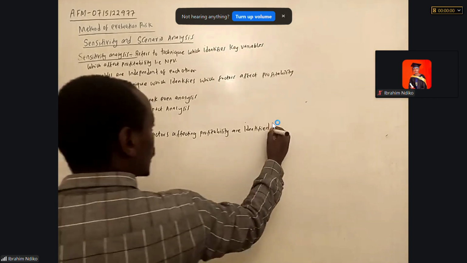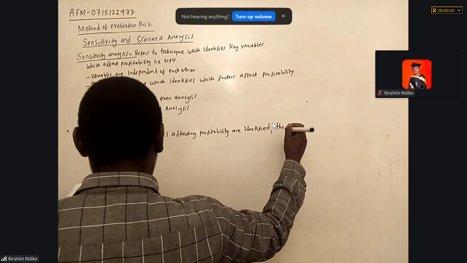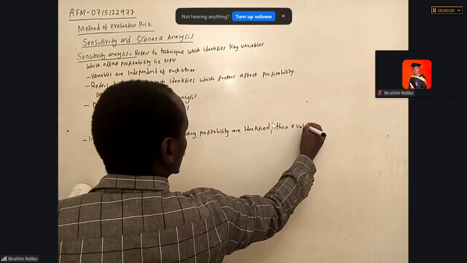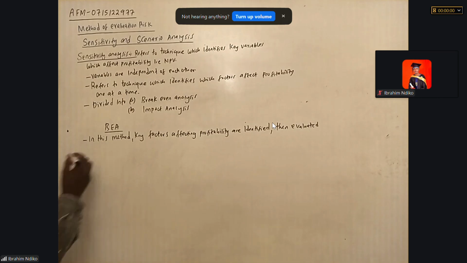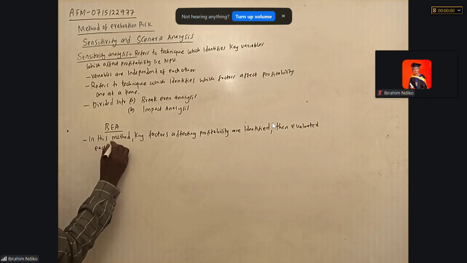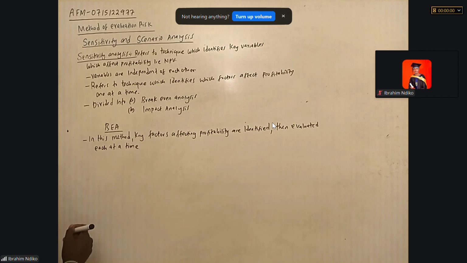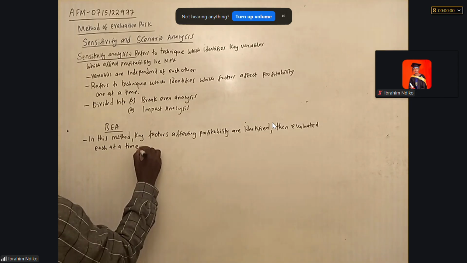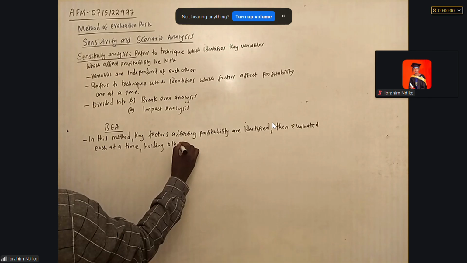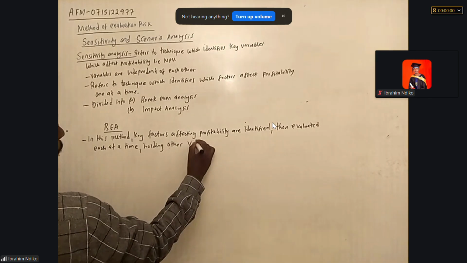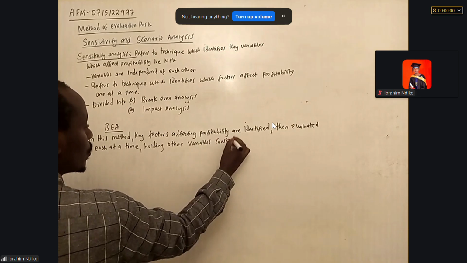Then, as I said in the definition, they are evaluated each at a time, holding other variables constant. So that is what you need to know.